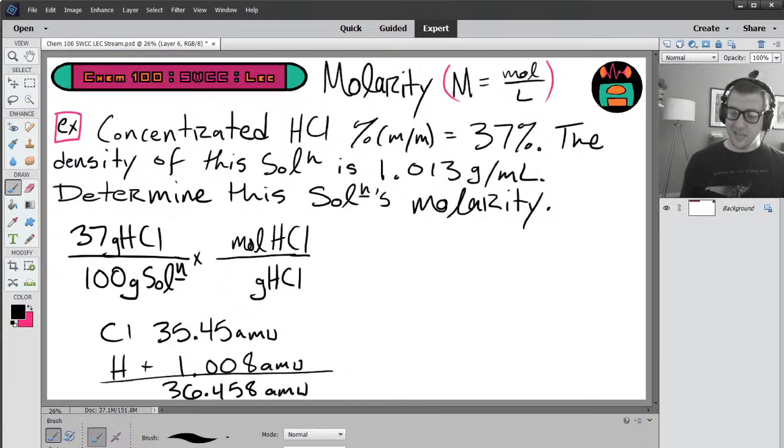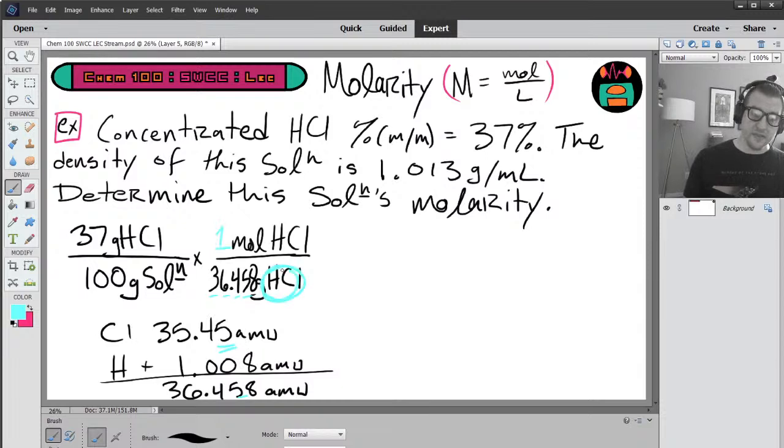The last sig fig of the numbers that I was using needs to be in the second decimal place. So that is the last significant digit. This molecular mass has 4 sig figs. So this is 36.458, but this number has 1, 2, 3, 4 sig figs in 1 mole.